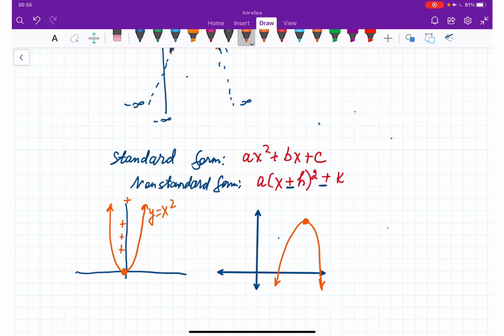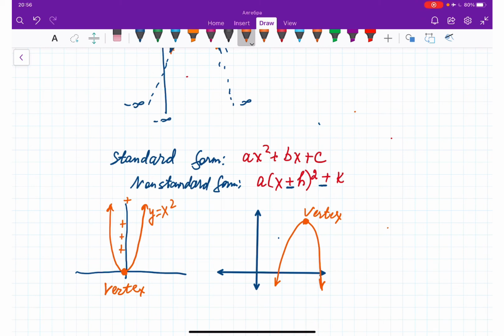This lowest point and highest point we call the vertex. A parabola always has a highest point or a lowest point, and therefore we are going to deal with the vertex.